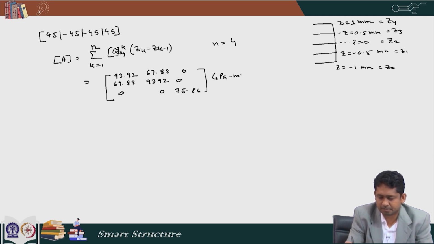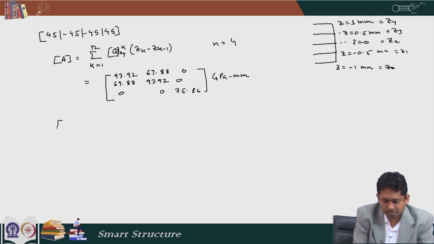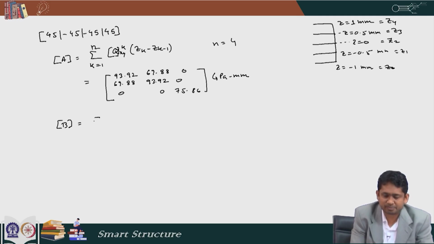That is in GPa millimeter. Now, if you want to find out the B matrix, the B matrix in this case would be 0 because it is symmetric. We can do it also and see it.